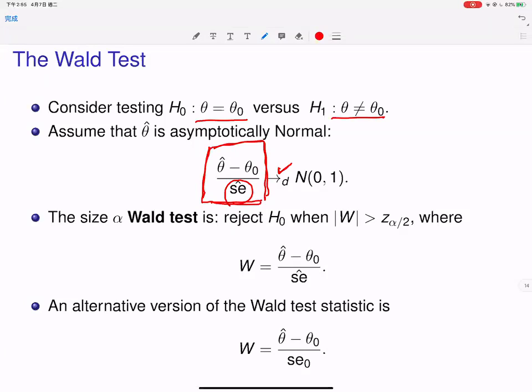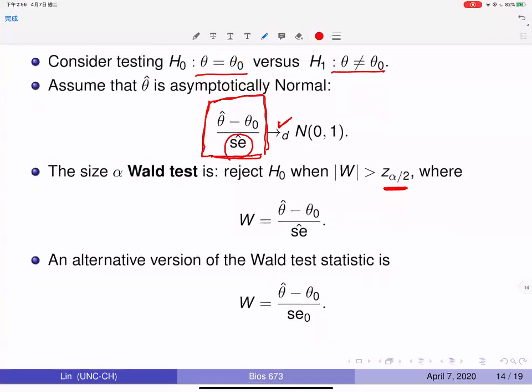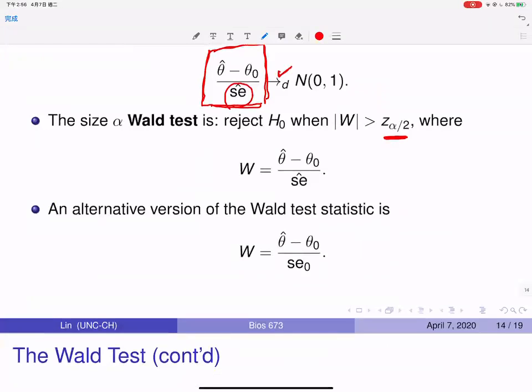Then assuming my n is large enough, I compare to what? The normal 0, 1 quantile. That's how we test it. Straightforward.